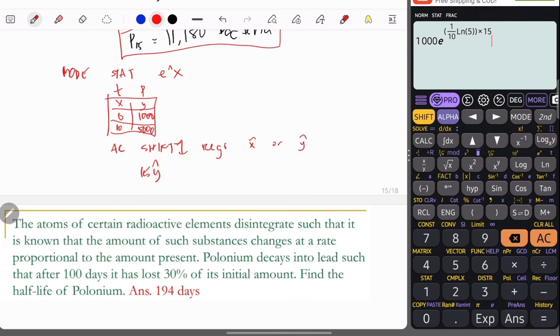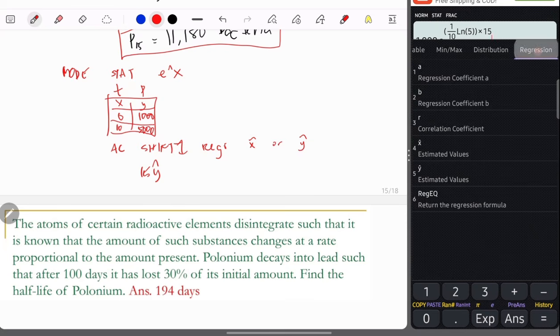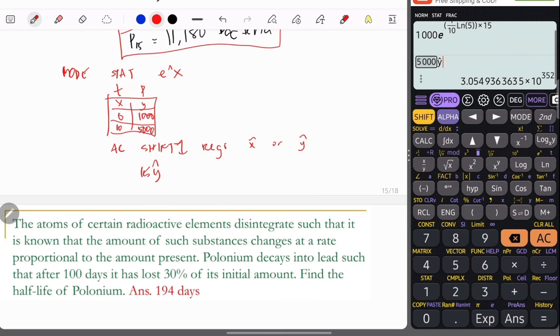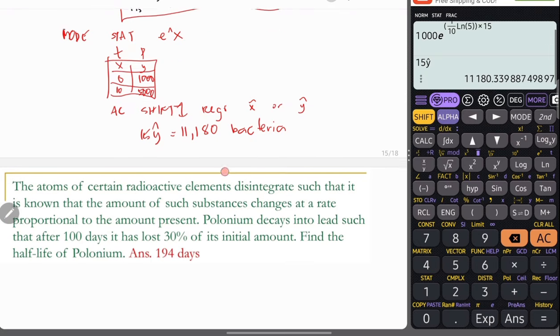AC, shift 1, choose regression, so choose Y bar, then 15. So answer is 11,180 bacteria. So that is for example number 1. Example number 2.